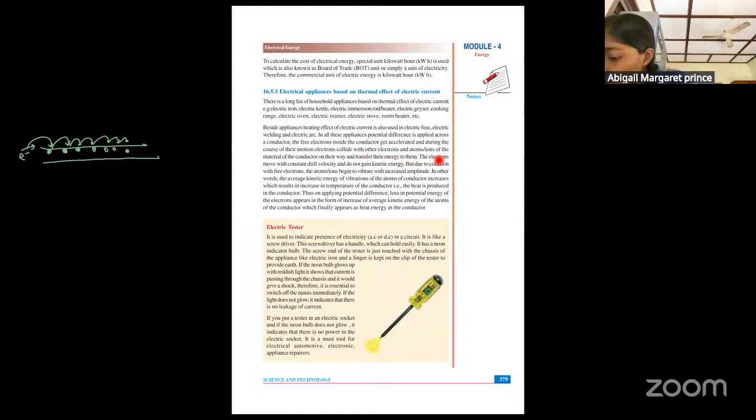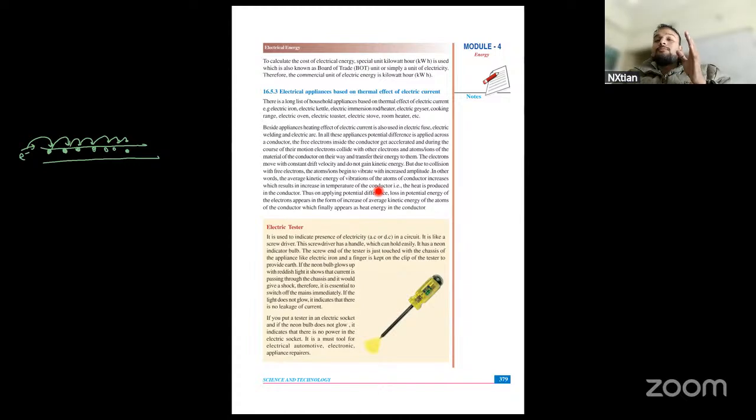The electrons move with constant drift velocity and do not gain kinetic energy. But due to collision with free electrons, the atoms or ions begin to vibrate with increased amplitude. In other words, the average kinetic energy of vibrations of these atoms of the conductor increases, which results in an increase in the temperature of the conductor.